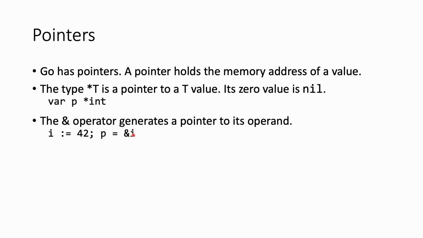So here variable i is the operand of this ampersand operator, and the expression &i is a pointer to variable i. In other words, &i is the memory address of variable i. Because &i is a pointer to an int value, it has the same data type as variable p, which has been declared to be of type *int. So we can assign &i to p.